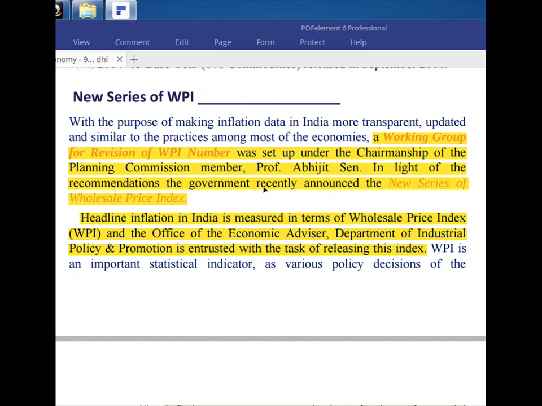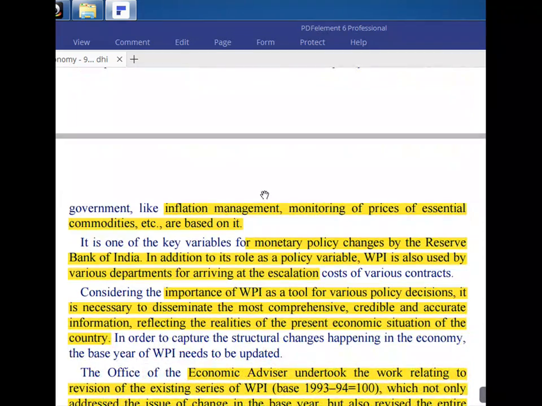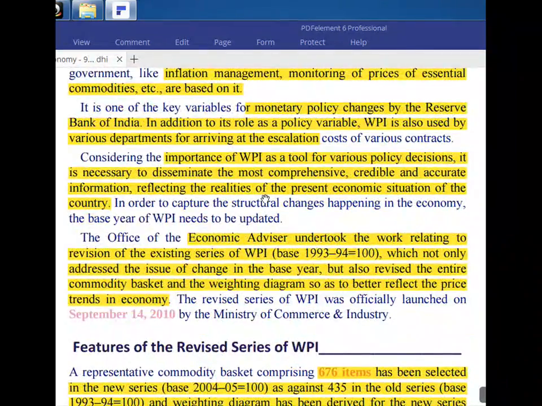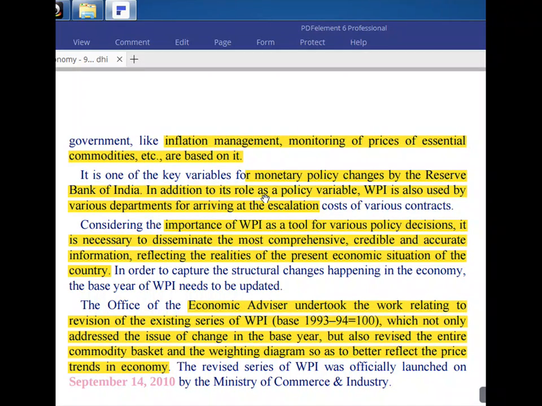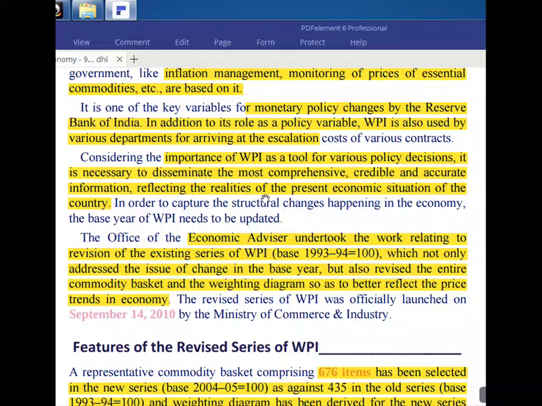WPI is an important statistical indicator, as various policy decisions of the government, like inflation management and monitoring prices of essential commodities, are based on it. It is one of the key variables for monetary policy changes by the Reserve Bank of India.